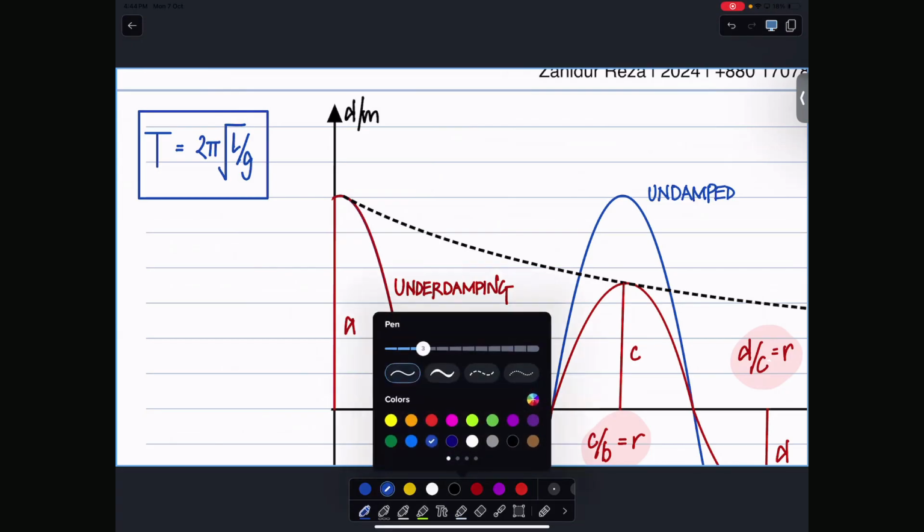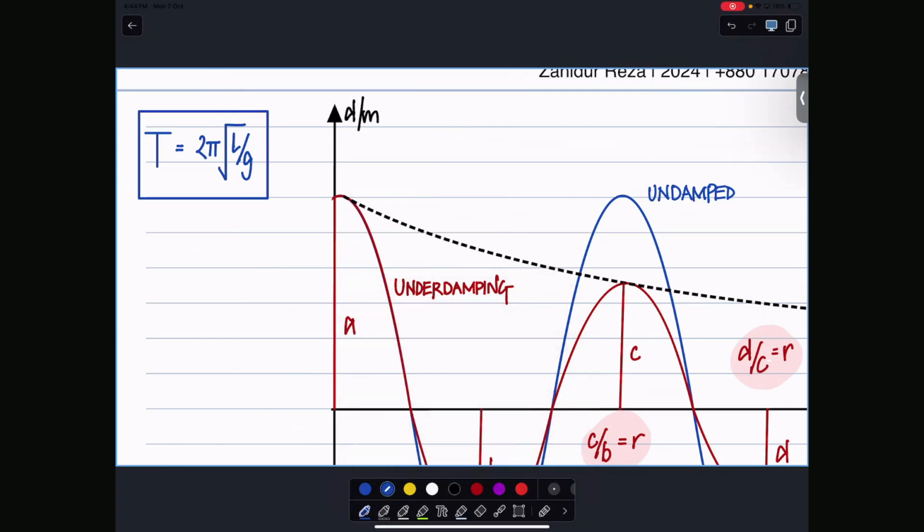Homogeneous oscillation, right? So T equals 2 pi root L by G. That's the equation. Now, if you look here, you'll find that time period depends on what? The length of your pendulum and the value of what? G. None of which change when a system is damped.